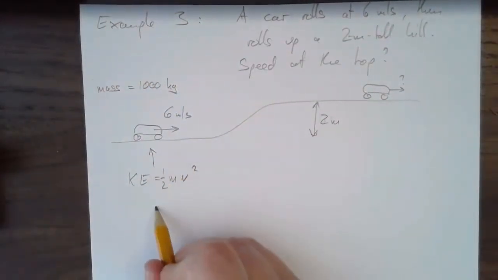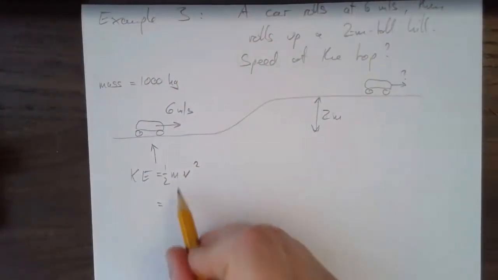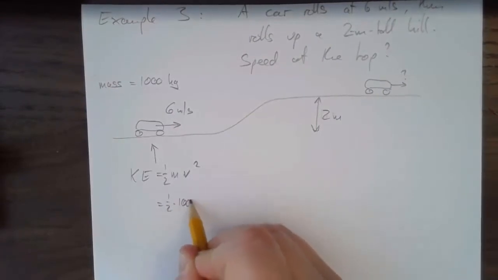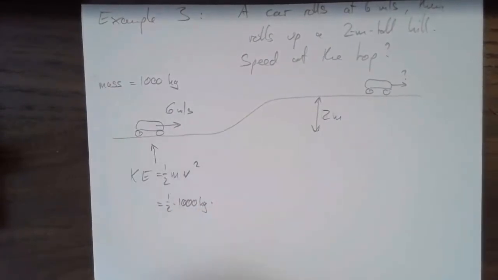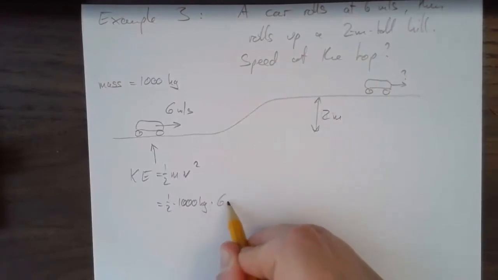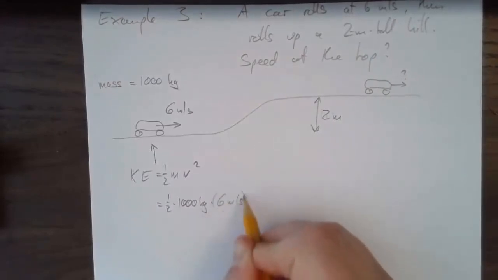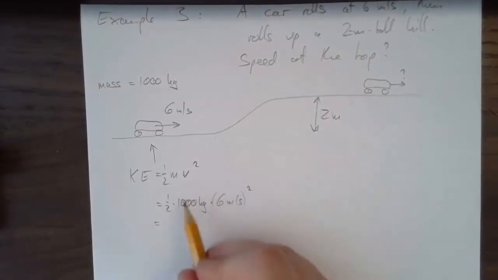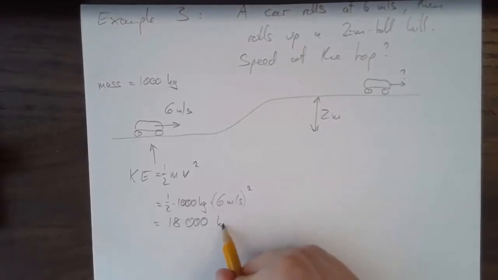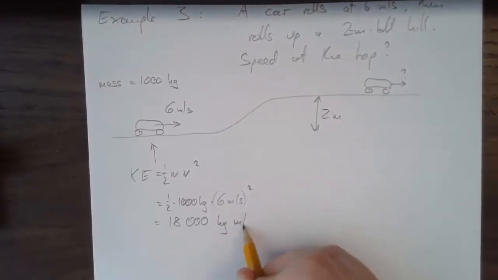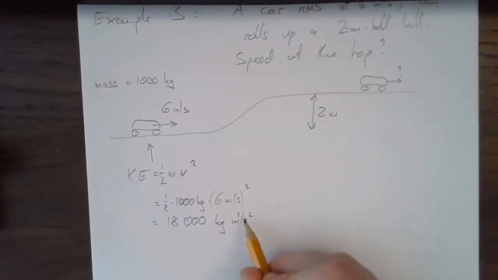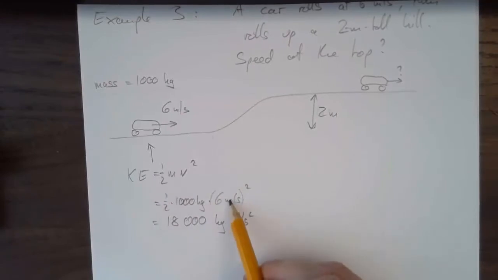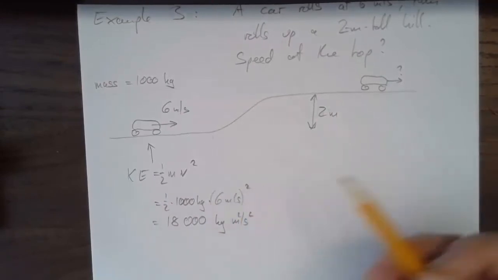So this allows us to actually work out a value for the kinetic energy. It's going to be 1/2 times 1,000 kilograms times 6 meters per second squared, and that comes to 18,000 kilogram meter squared per second squared.